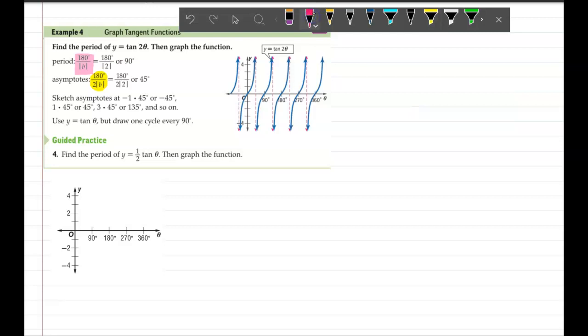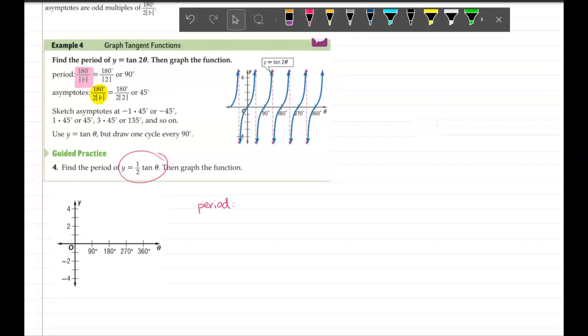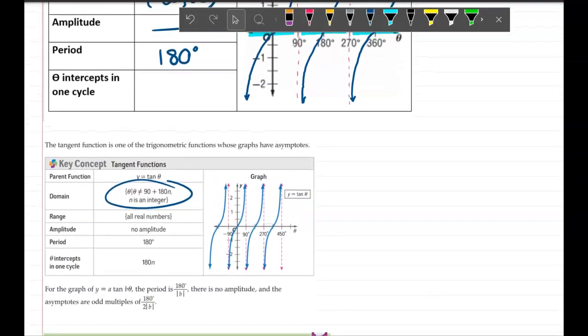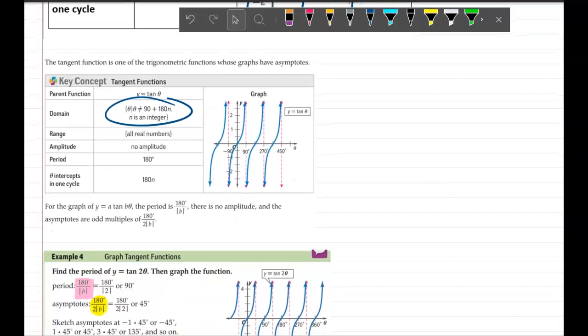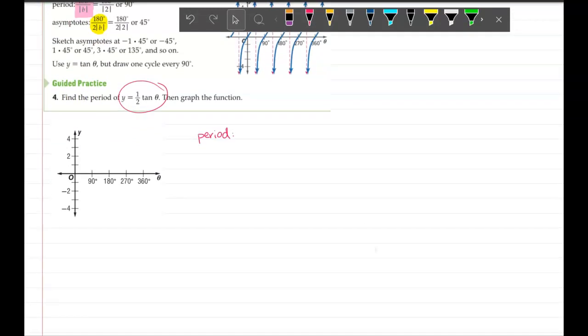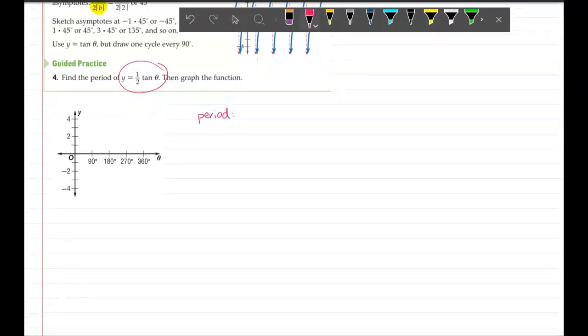So let's talk about the period of this example here. I'm going to scroll up here to our function up at the top, right here. This is where we're getting our information from. B is still the coefficient of theta. So as we scroll down here, the coefficient of theta is just 1.